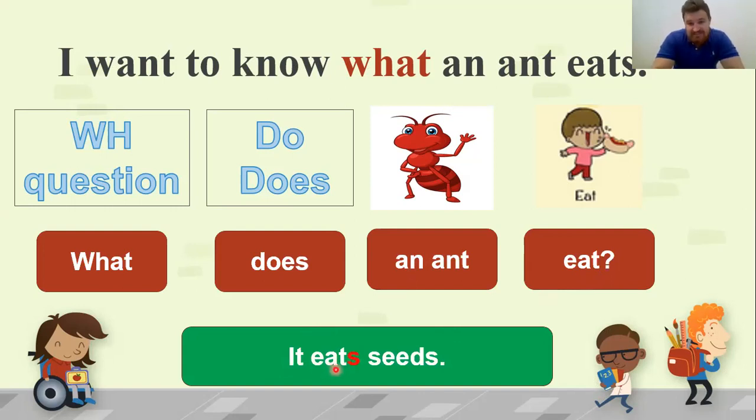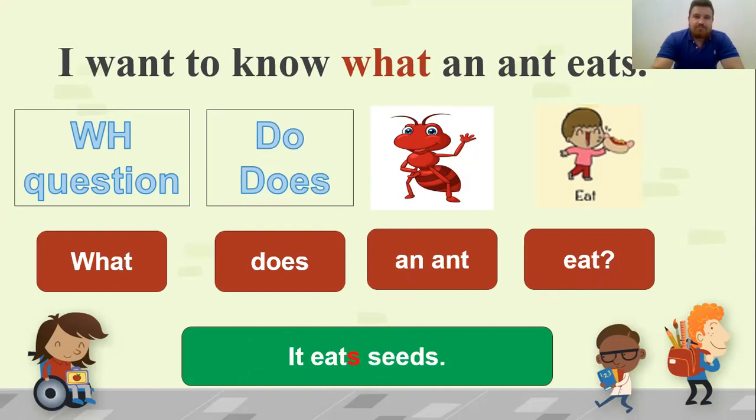Okay, so it eats seeds. If it was ants, then we would not have S. We would just say ants eat seeds. But because it's only an ant, we say an ant eats seeds or it eats seeds.